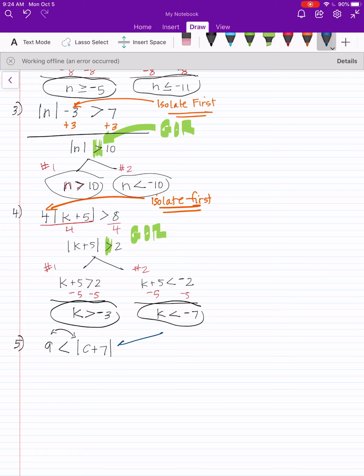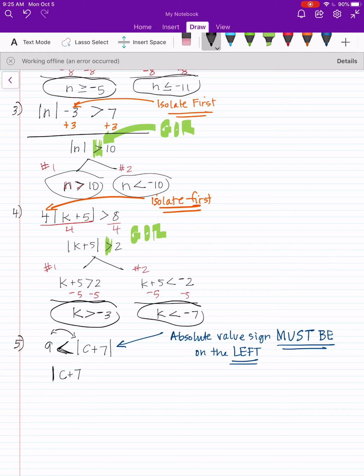So right here, before we get started, I need the absolute value sign, and I'm going to put, it must be, all in big letters, on the left. And right now it's not on the left, it's on the right. So I'm going to have to flip this whole equation. So I'm going to flip the sides, but I'm not going to change any inequality. It's still like eating the absolute value. That's the bigger side. So I'm going to do C plus 7 is greater than 9.